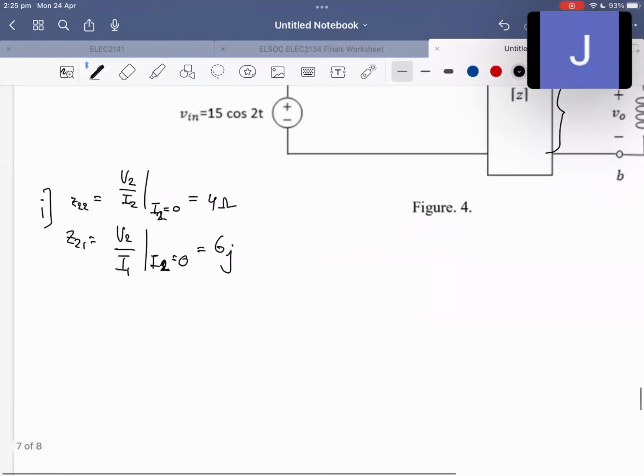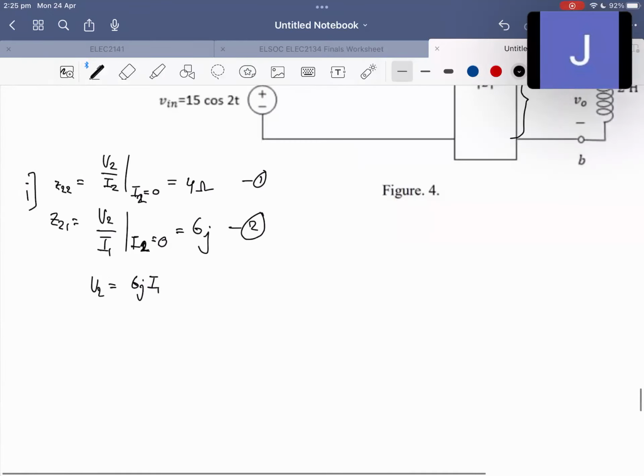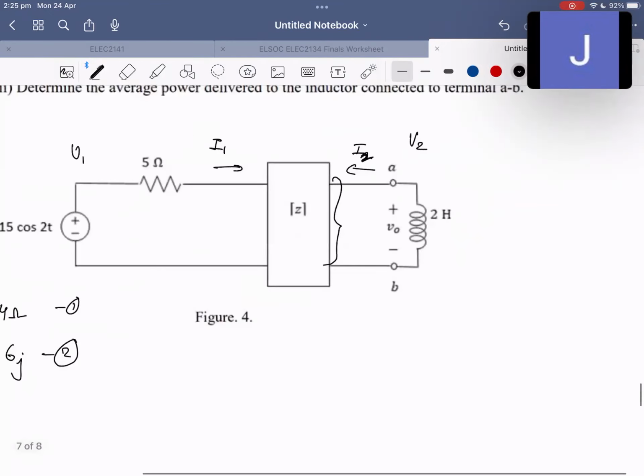The second equation allows me to get an expression V2 equals 6J I1. V2 is the same thing as VAB. I've just called it V2 because that's what you're used to with 2-port networks.